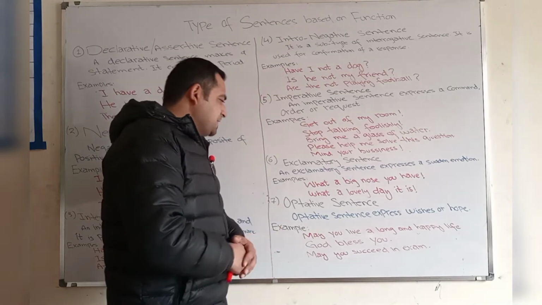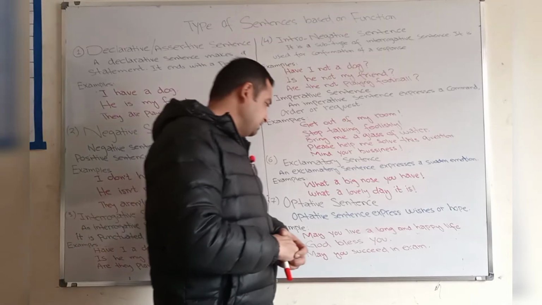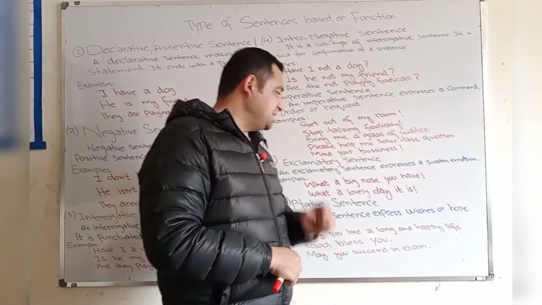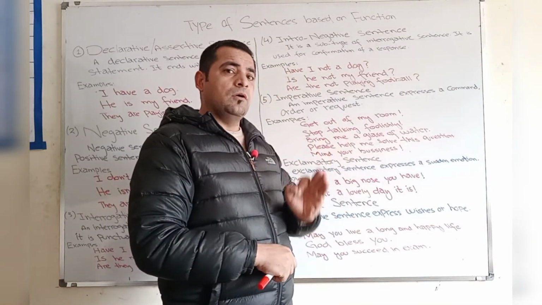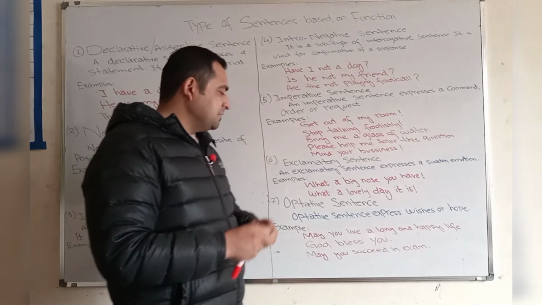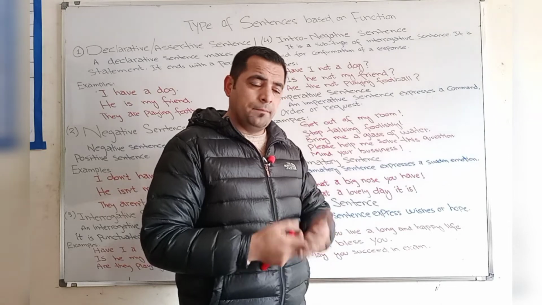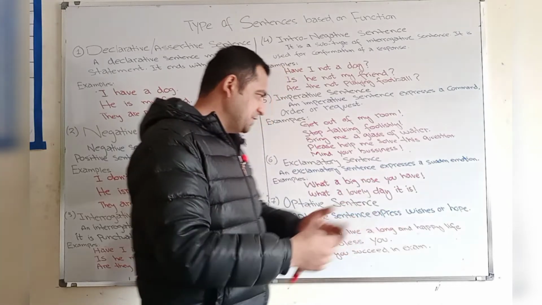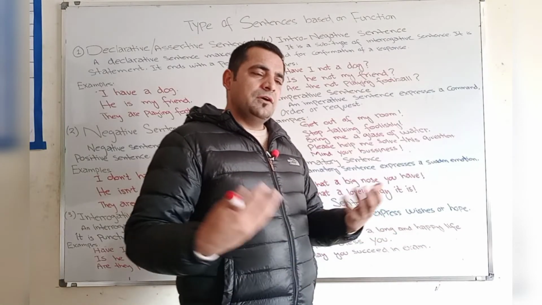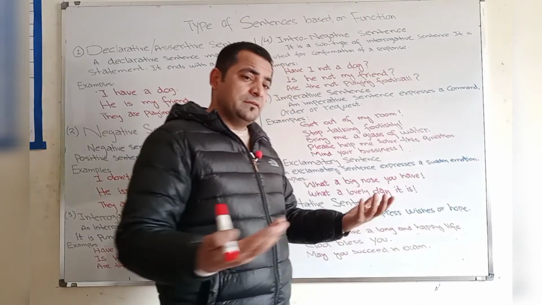Now, the seventh type of sentence I've listed here is the optative sentence. An optative sentence expresses wishes or hope. Let me repeat. An optative sentence expresses wishes or hope. This is a very common type of sentence we use in daily practice.